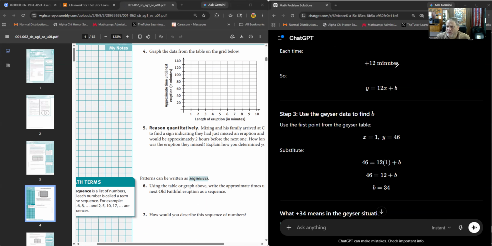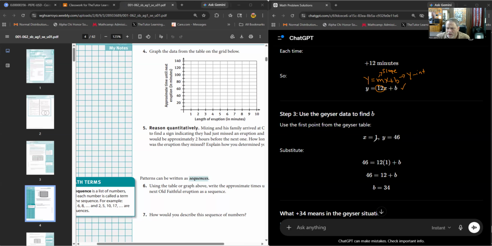So does everybody remember y equals mx plus b? Everybody? Okay. So y equals mx plus b. Does this problem mirror our y equals mx plus b? Let's put our 12-minute wait right there for the slope. Okay. So remember m was the slope. B was the y-intercept. All right.